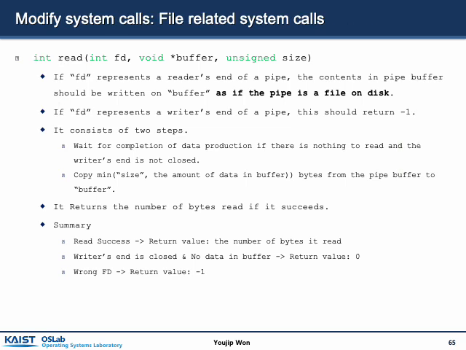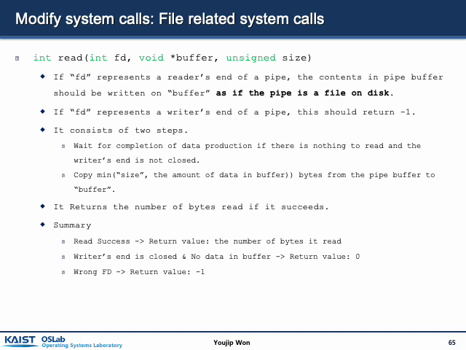So here is the summary of the read system call requirements related to the pipe file. If the fd file descriptor represents the reader's end of a pipe, the contents in the pipe buffer should be written to the buffer as if the pipe is a file on disk. If fd represents the writer's end of a pipe, your read system call should return -1.